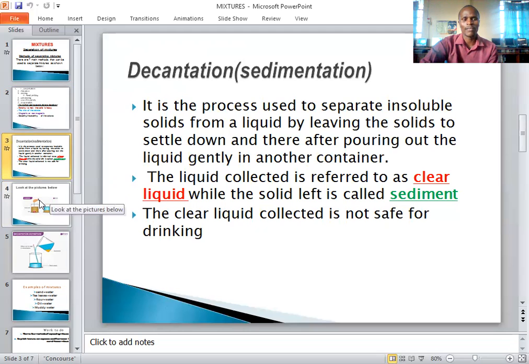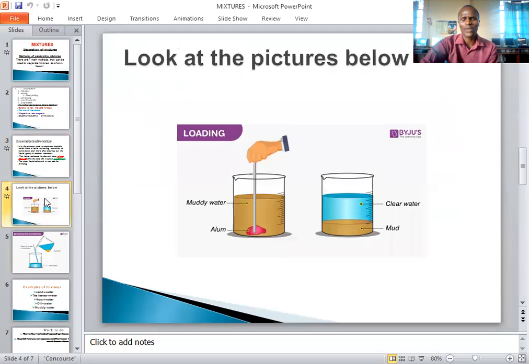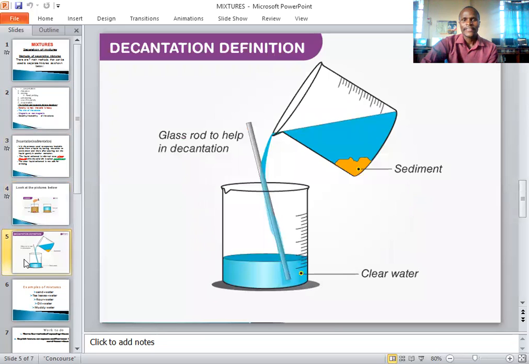Now, this is what I'm talking about when we talk about decantation or sedimentation. Look at these pictures here. In the first diagram, you can see we have a mixture of water and mud, meaning we have muddy water. We mix them, and then we leave them in a container for around 5 to 10 minutes so that the mud can settle at the bottom of the container, and water is left on top. After that, we pour that water gently into another container.